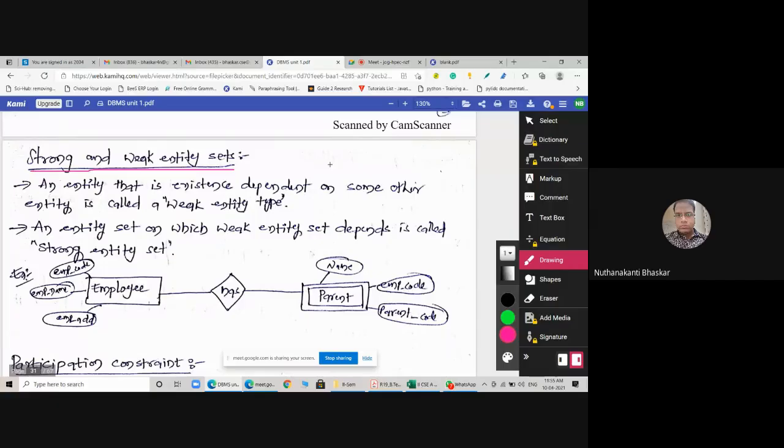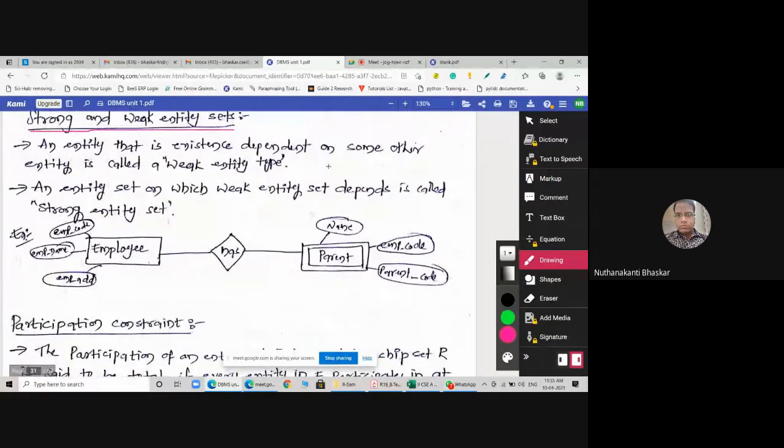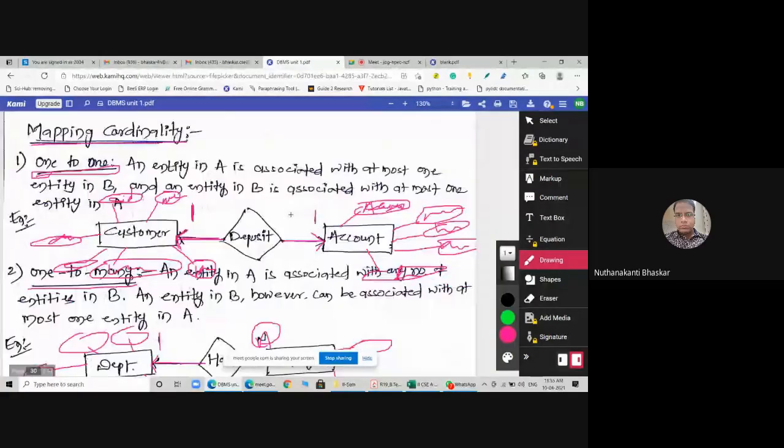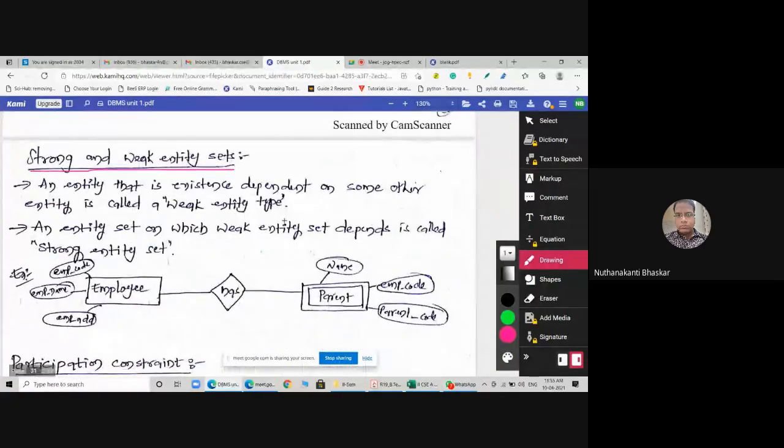When preparing an ER model, you need to identify which type of relationship, which type of cardinality, and whether an entity is weak or strong. The strong entity representation is a rectangle, the weak entity representation is a double rectangle. Correct? Yes, sir.